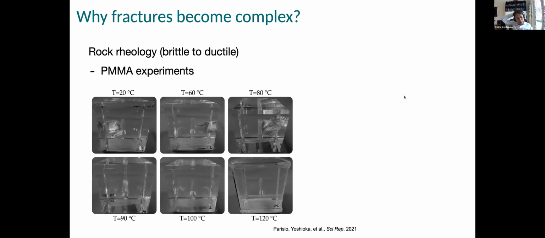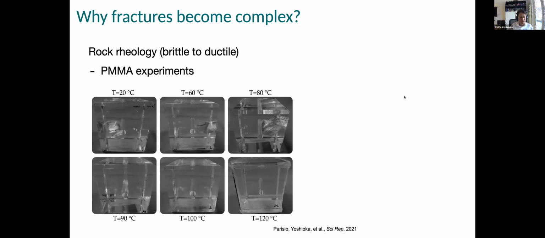So then we have done experiments on PMMA samples. We chose PMMA because it's a non-porous material, so that we can exclude the pore pressure effect, the fluid pressure effect. But also PMMA has a very low brittle to ductile transition temperature. PMMA transitions to ductile condition between 80 to 100 degrees C, and at that low temperature, water is still below supercritical condition.